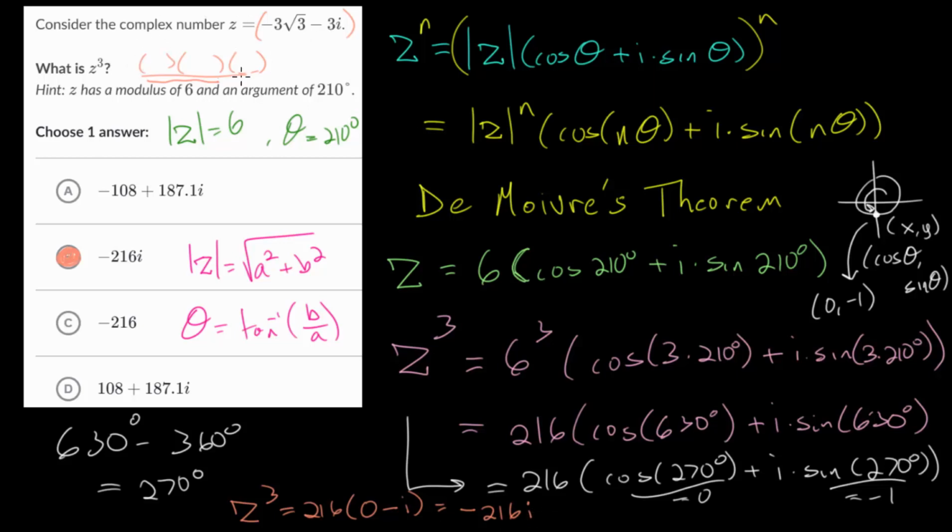But of course, this method is quite tedious when z gets to higher and higher powers, which is exactly why this formula can be so useful. Since if we want to raise z to a very high power, we are just taking its magnitude and raising it to that exponent, and we're just multiplying its angle by whatever that power is.